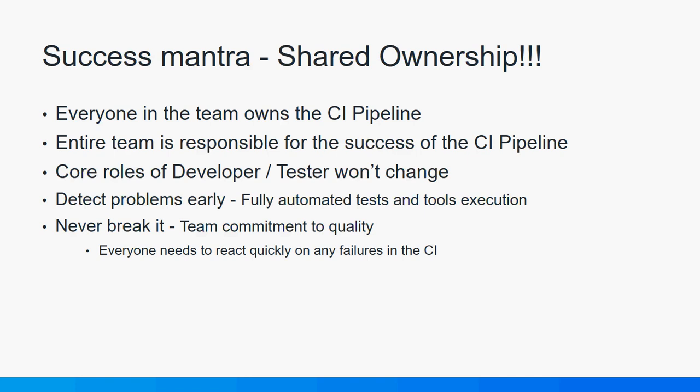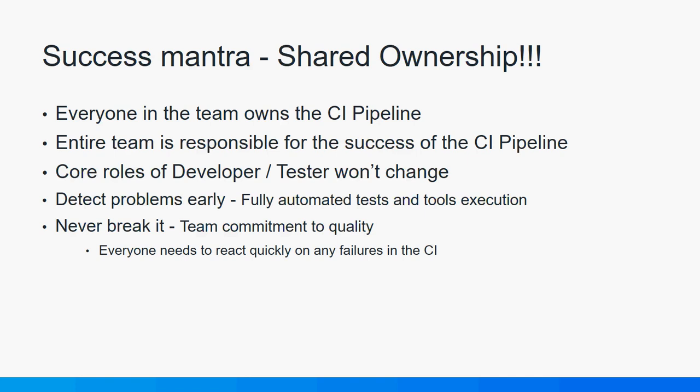Fixing some small stuff, like a unit test which is breaking the CI pipeline, the tester can get access to the code, fix those unit tests, and get the CI pipeline running for the build to succeed. So there is a little bit of overlap, though the core roles are not changing.